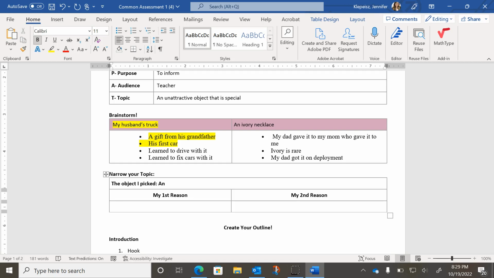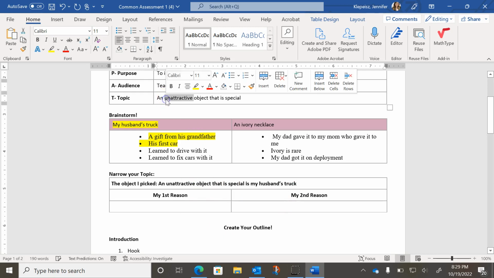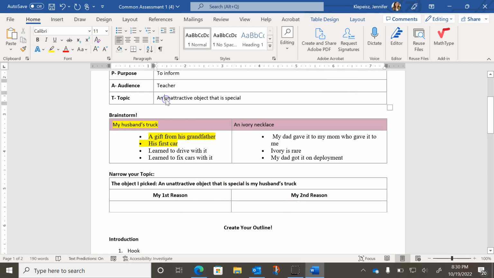So the object I picked is an unattractive object that is special is my husband's. So notice how when I'm stating what object I picked, I'm not just writing my husband's truck again. I'm using that language from the prompt, the one we identified in our topic. I'm using that as a sentence starter.